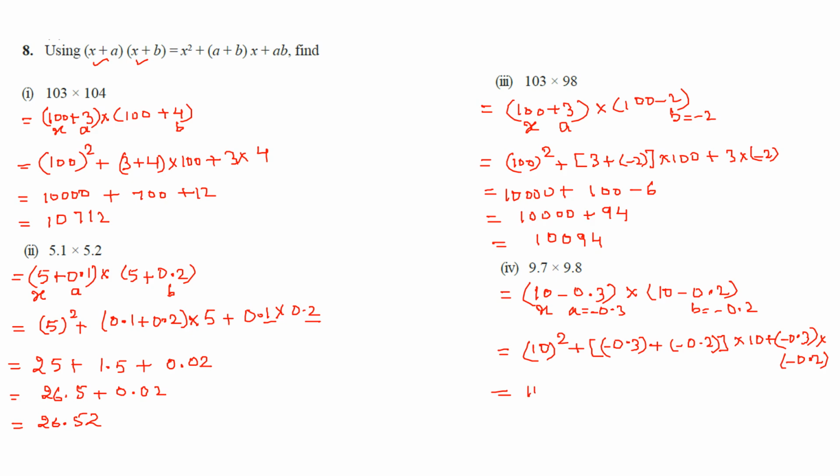So 10² is 100, plus −0.3 + −0.2 is −0.5, and into 10 will give me −5, plus. Now you are multiplying two negative numbers, right? So the product will be positive. So 3 into 2 will give me 6. But here one decimal place, here also 1, so 1 + 1 is 2. So 0.06. And then 100 − 5 will give me 95, plus 0.06. It will give me 95.06.